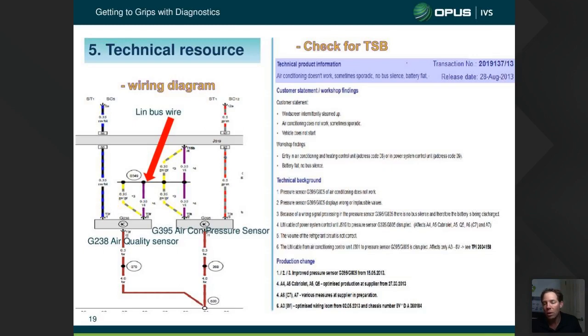It is LIN, so it's low speed. It's not important information, again, it's convenience systems. It's no different to a door lock. You can nearly run a secondary wire from the climate control module plug all the way through to the pressure sensor. That would probably be quicker than hunting down or undoing the harness and looking for the break yourself.